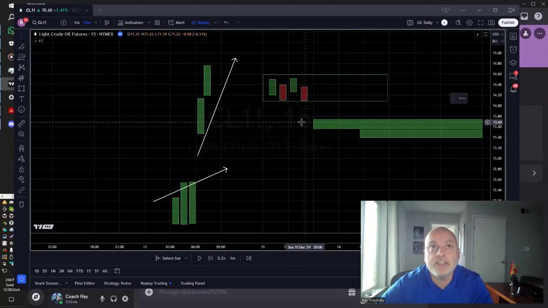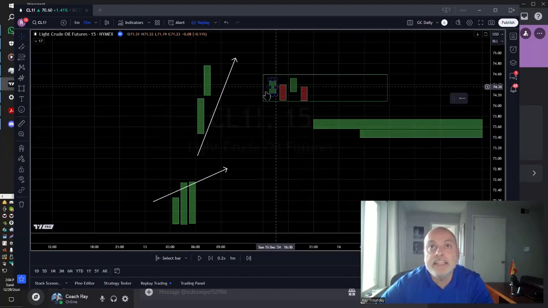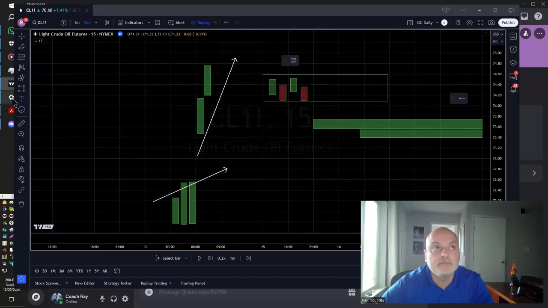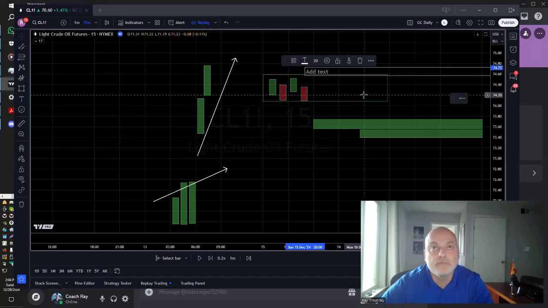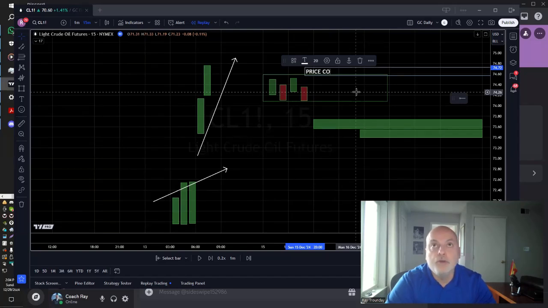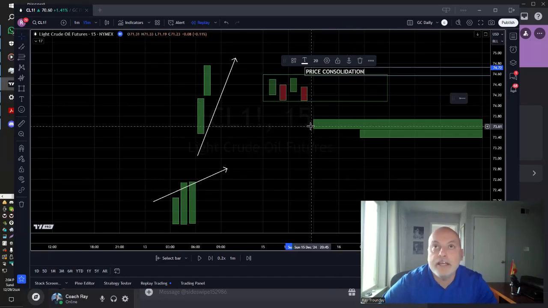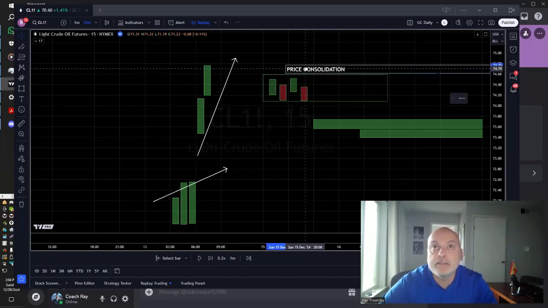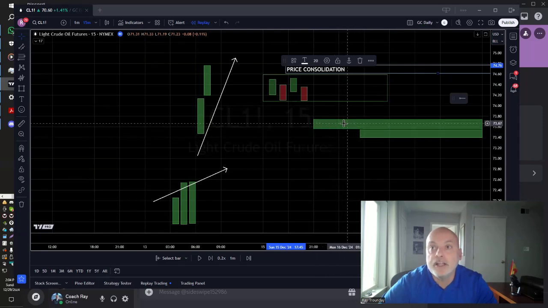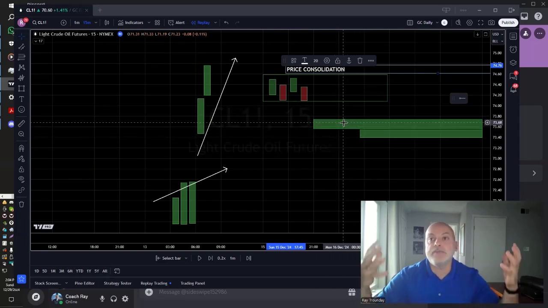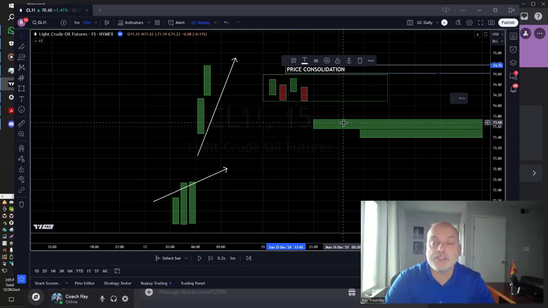So the expectation is that these areas of price consolidation would be areas where we would expect larger volumes of transactions because we have an equal number of participation from both the buy and the sell side.